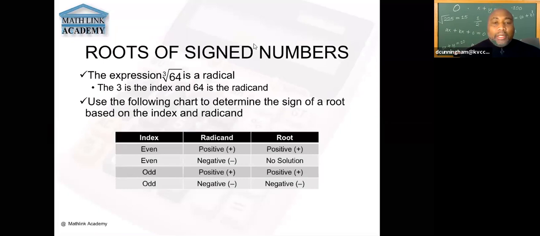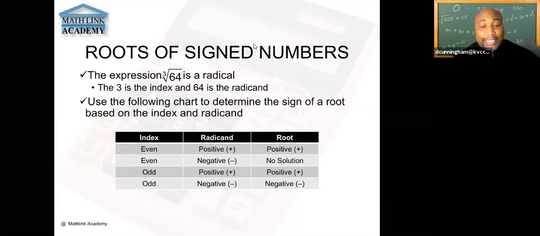So for this last part, again, let's recap the roots of signed numbers. Use the following chart to determine the signs of a root based on the index and radicand. If the index is even and your radicand is positive, then the root will be positive.